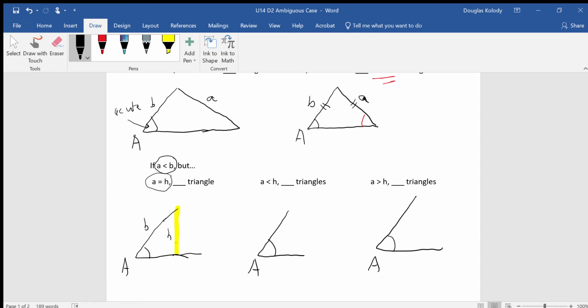I create a right triangle. Now let me draw a black line right underneath that highlighter pen. If side A equals that H right there, how many triangles do I get? I get one triangle. And not only do I get one triangle, but that triangle is a right triangle.